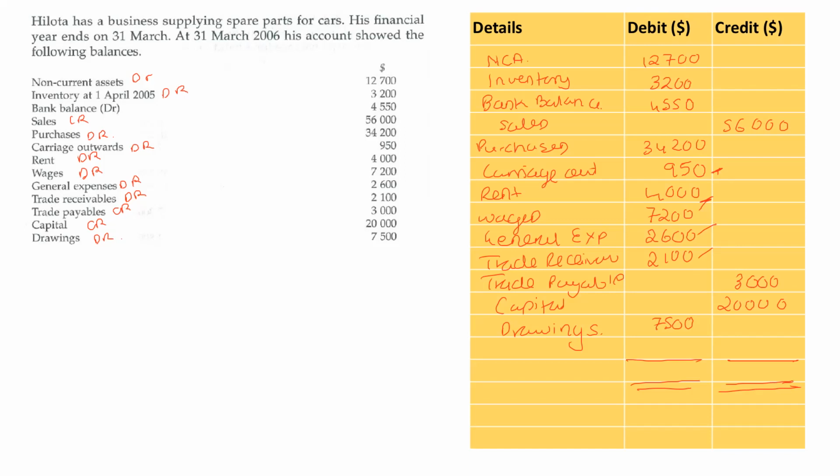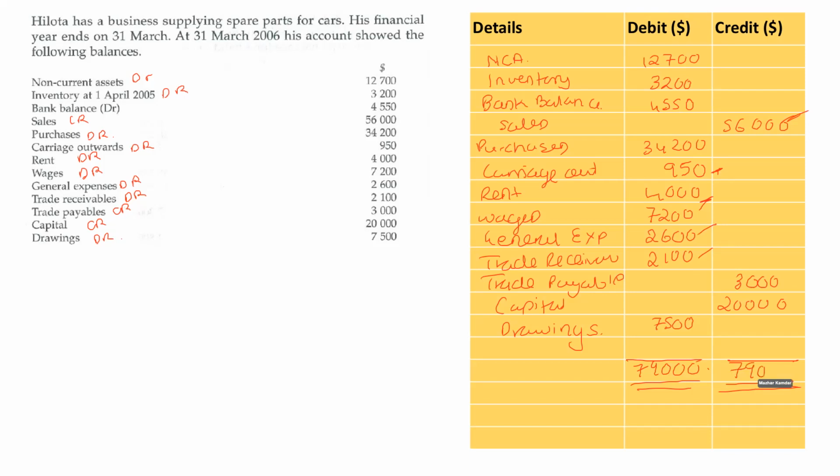It is giving me 79,000. The total of credit should also be the same. 56,000 plus 3,000 plus 20,000.